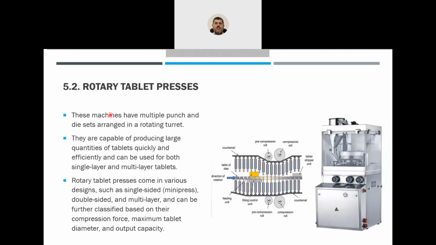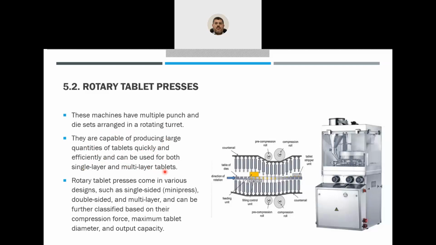So this machine has multiple punch and die sets arranged in a rotating turret. They are capable of, this is the advantage, producing large quantities of tablets quickly and efficiently, and can be used for both single layer and multi-layer tablets. The one we produced in the practical is just a one layer tablet because it is a uniform mixture of granules that compress together to form a uniform tablet, right?